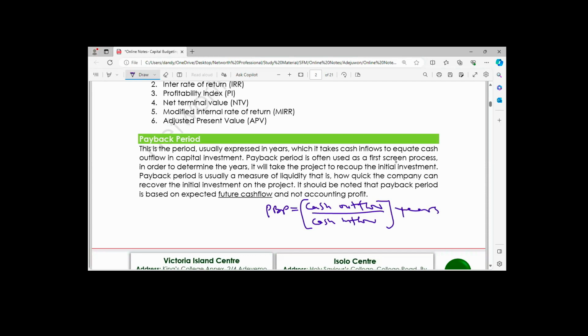So where you have constant or regular cash inflows, that's when you use the formula method.